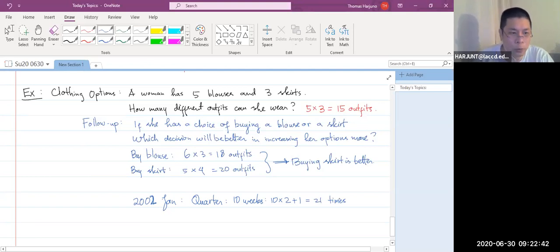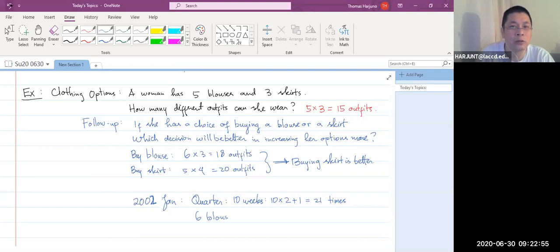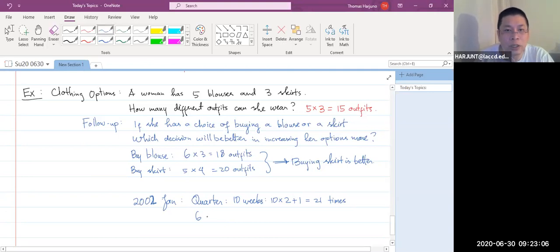I felt that I'm so poor and I didn't want to show other people that I was poor. And I had 6 t-shirts and 3 pairs of jeans. Now it gives me 18 possible outfits.